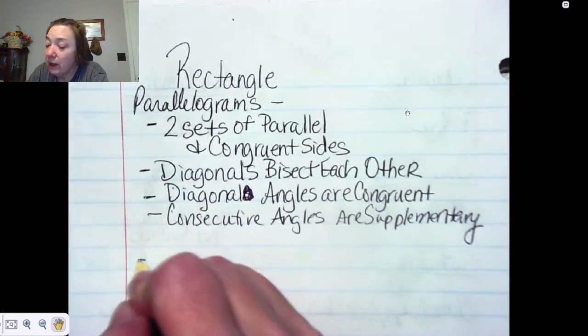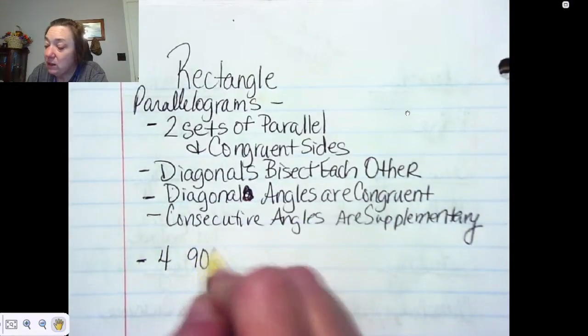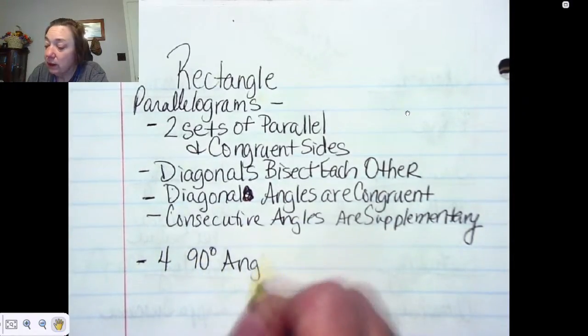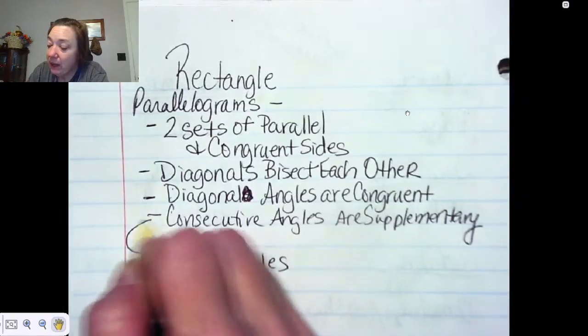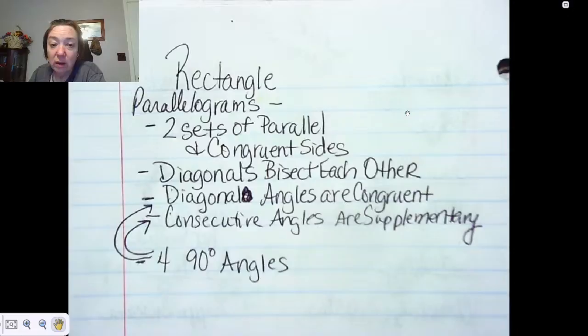You know that a rectangle has 4 90-degree angles, right? And that leads right back to this and this, that the diagonal angles are congruent and the consecutive angles are supplementary, right? Because 90 degrees is congruent to 90 degrees, so the diagonals will be congruent. And then 90 plus 90 is 180, so that works out too.